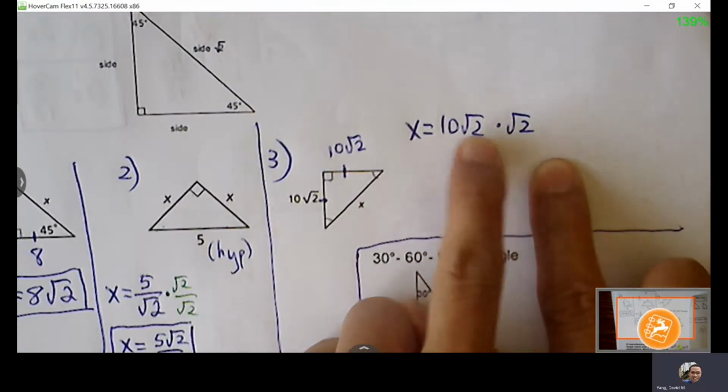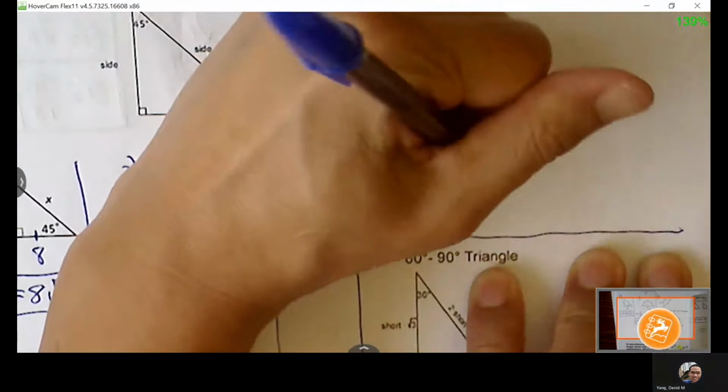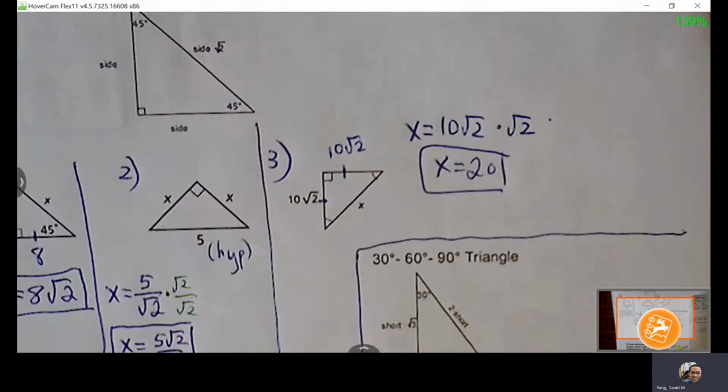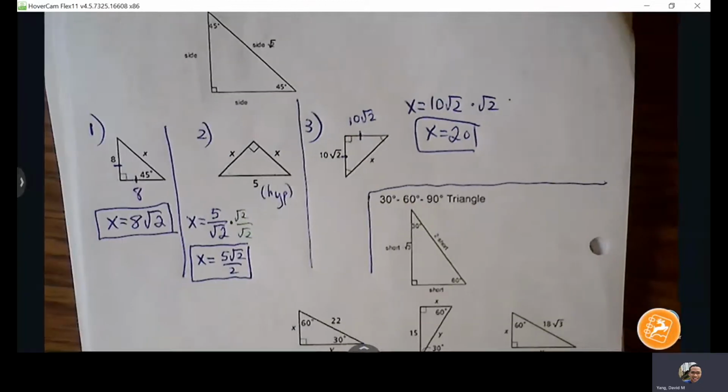Yeah, root 4, which is 2, and then 2 times 10 is 20. Okay, questions so far?